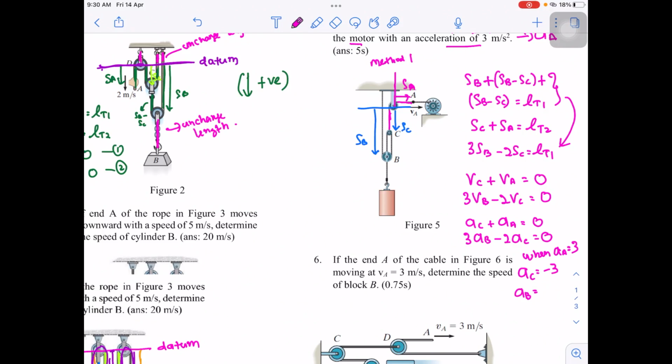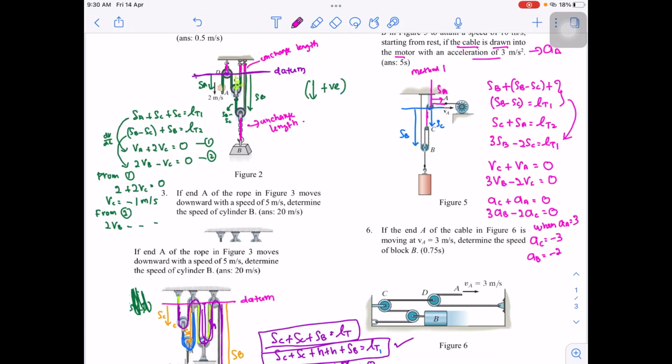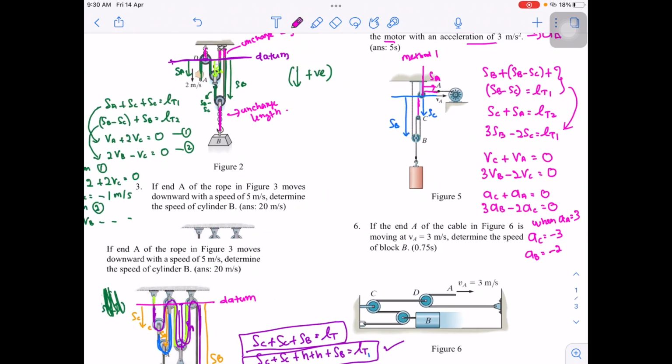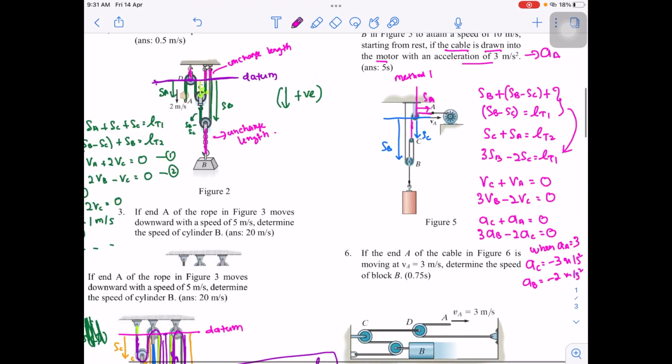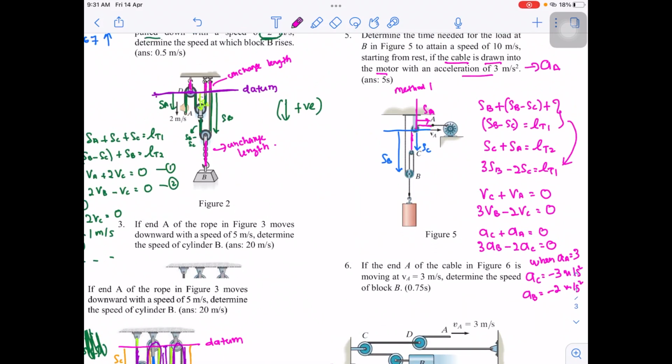Positive 6, 6, negative 2. Negative 2. You can check again. Meter per second squared. When AA is 3 meter per second squared, substitute it in, you get it.